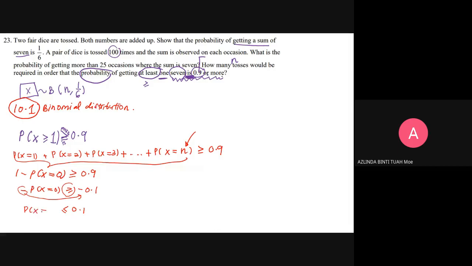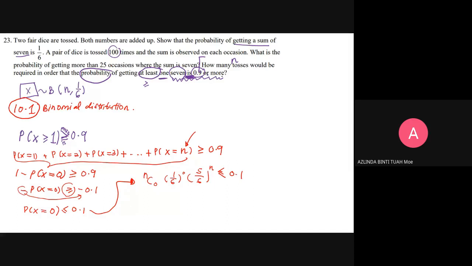P(X=0), okay, this one equal. P(X=r) by using the formula of binomial distribution. Continue here. It is nCr p to the power of r, q to the power of n minus r, n minus 0, less than or equal to 0.1.